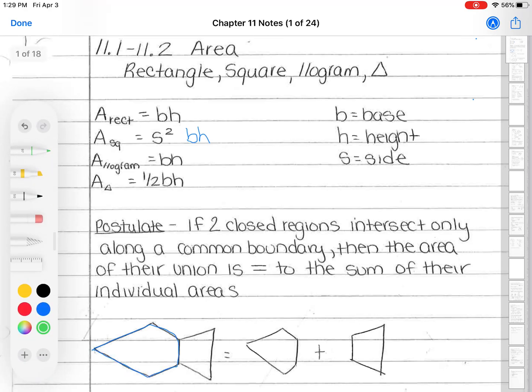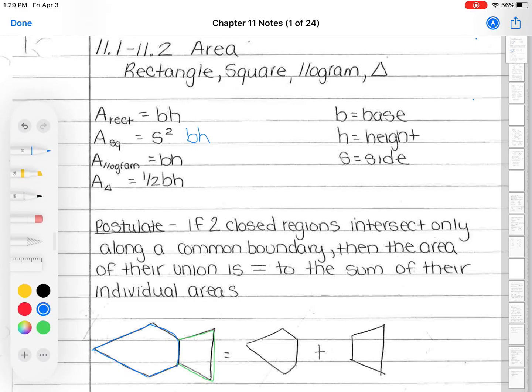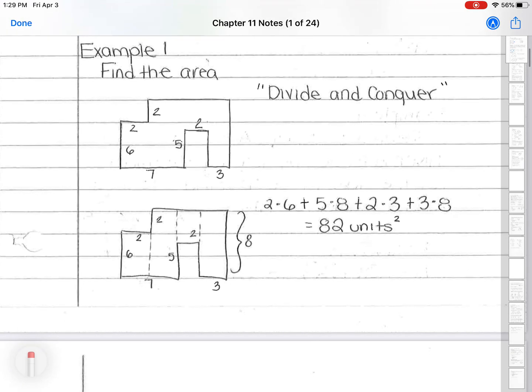So if you have 2 figures, this shape put together with the other shape, then the area would be equal to the 2 of them individually figured out, and then you would add them up, and that would get you the total area for the figure.